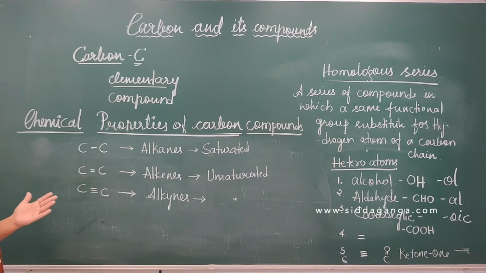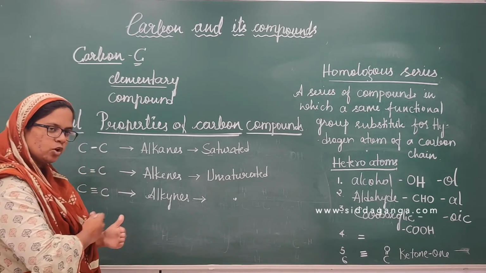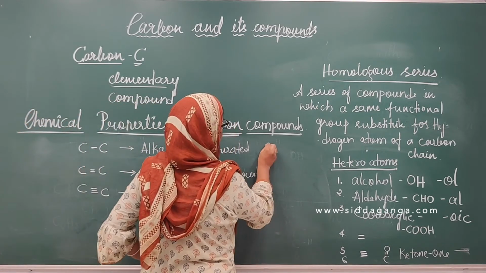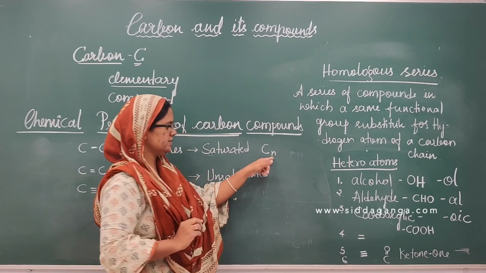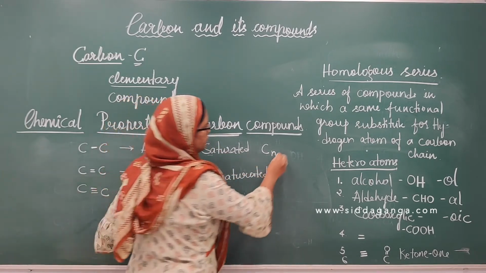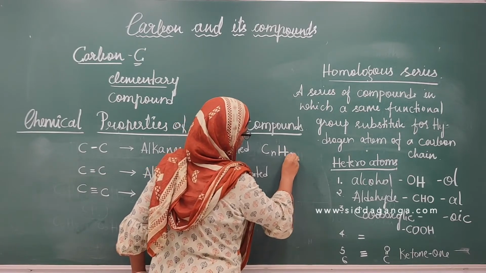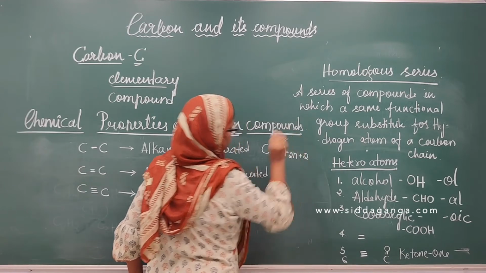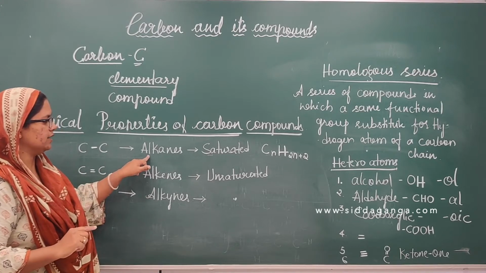How to know the general formula? As we all know, the difference between these homologous series is CH2. Here N indicates the number of carbon atoms, and H hydrogen atoms: 2N plus 2. This is the general formula of alkanes.